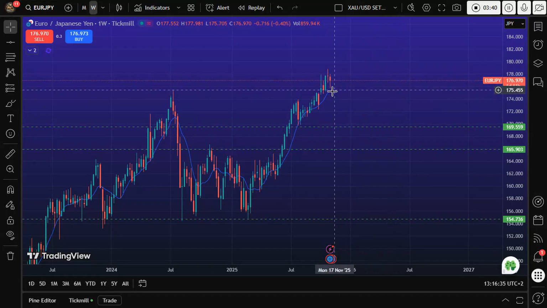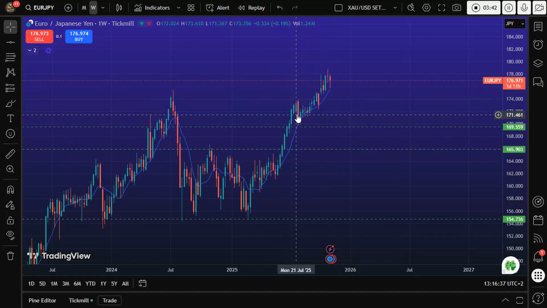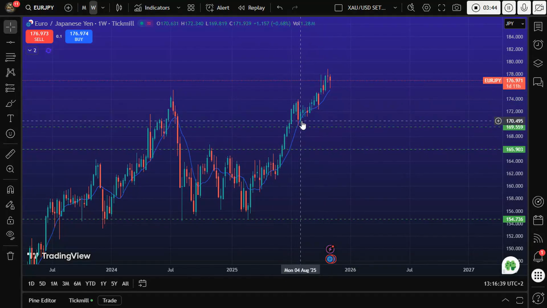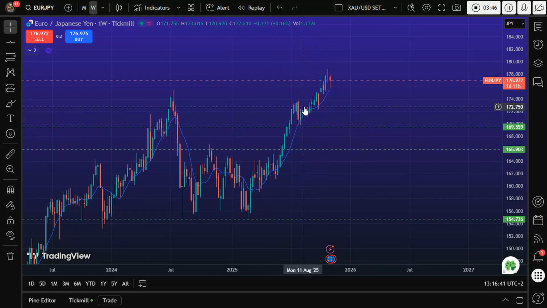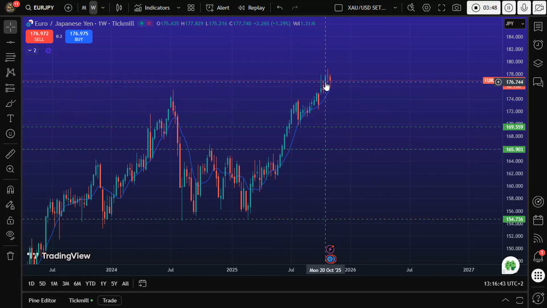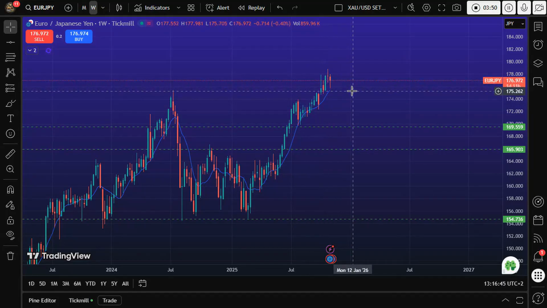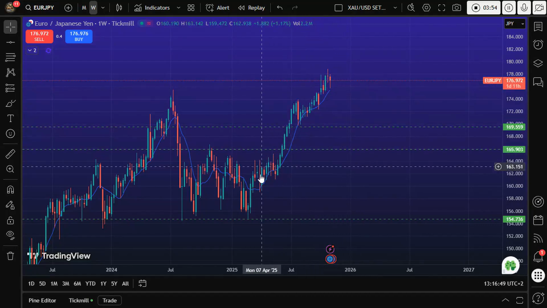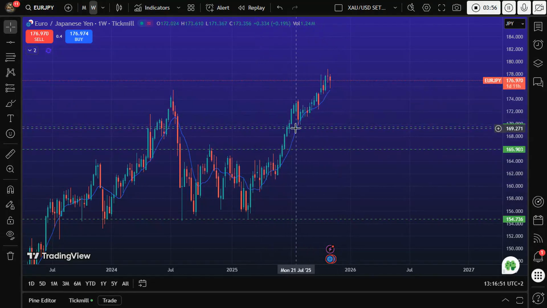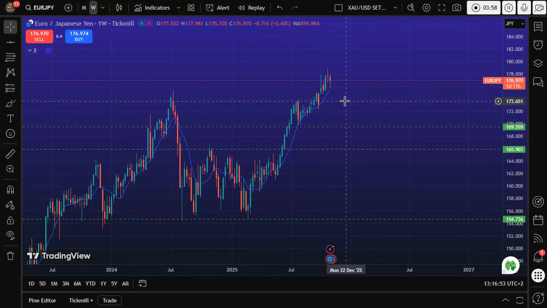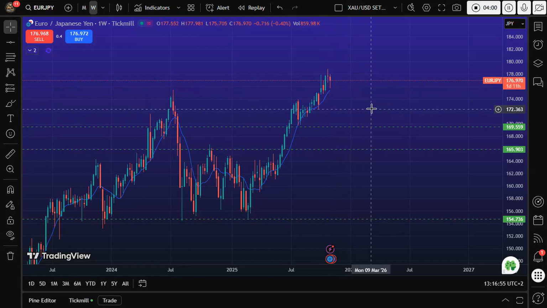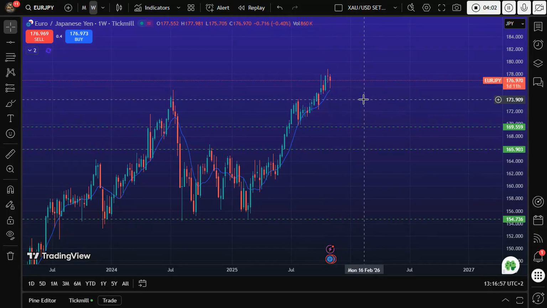Now I can clearly see here the momentum of the bulls, the momentum of the uptrend is not really that powerful. So I should be looking for pullbacks and reversal and sells, because I can clearly see the momentum is really not powerful. So there should be a reversal here. So that's the first thing that I do.